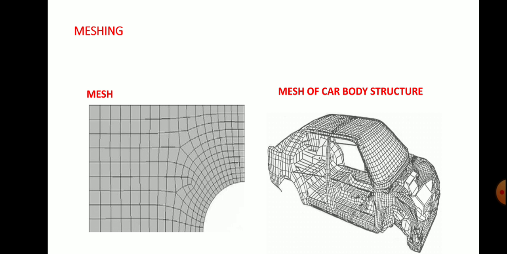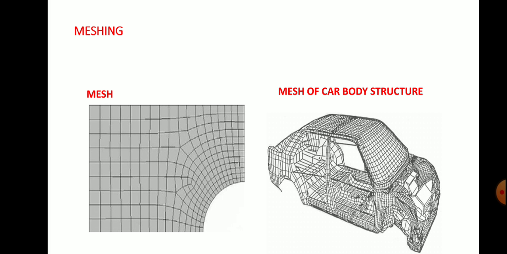These are meshes. First, in the square, the lower right corner is in a circular shape. These are the boundary conditions with a floating shape. So the shape of the finite elements in circular curved areas are small parts.